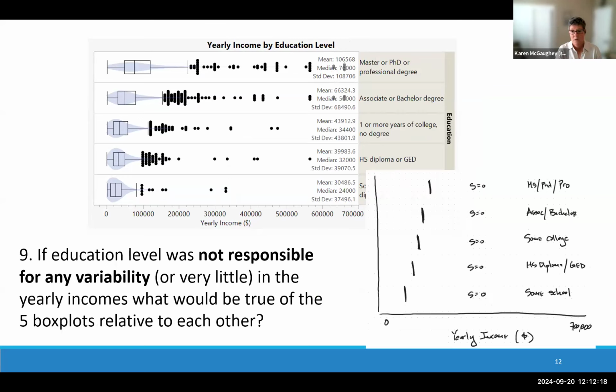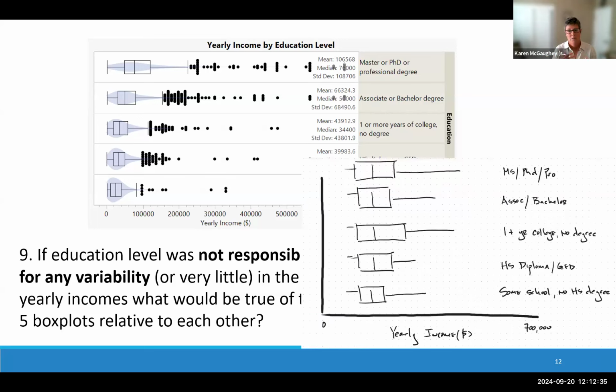Students a lot of times want to do this. They want to think about the fact that, well, that would mean there's not any variability inside those education groups. But that's not really what we're talking about here. We're talking more about this situation, where the means and medians of those different education levels ought to be about the same.